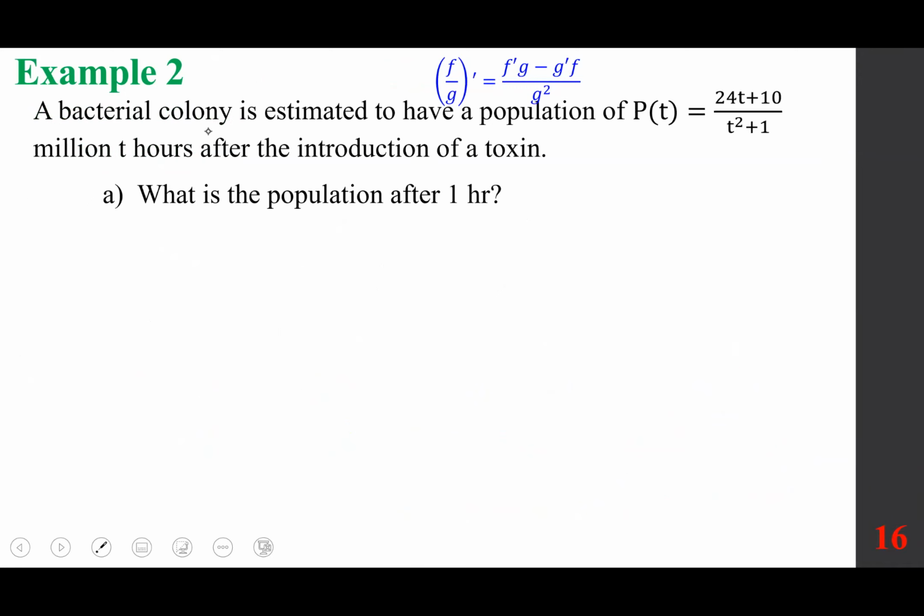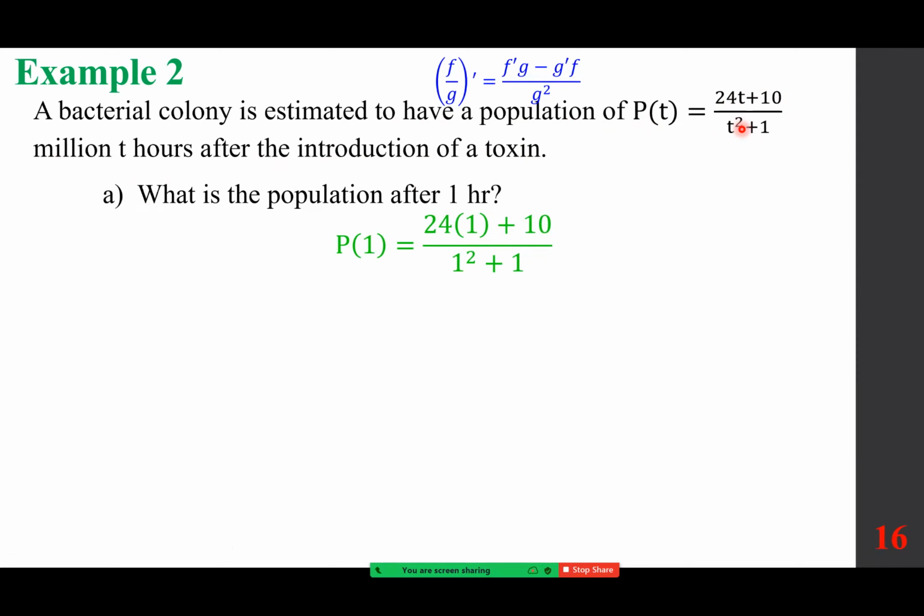A bacterial colony is estimated to have a population of P of t equals 24t plus 10 over t squared plus 1 million, t hours after the introduction of a toxin. What is the population after 1 hour? This is elementary algebra, plug in 1. 24 and 10 is 34. 1 squared, 1 and 1 is 2.